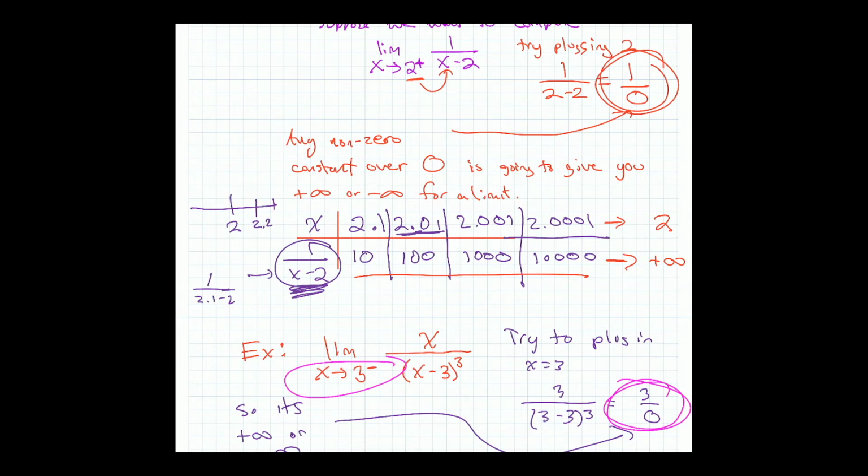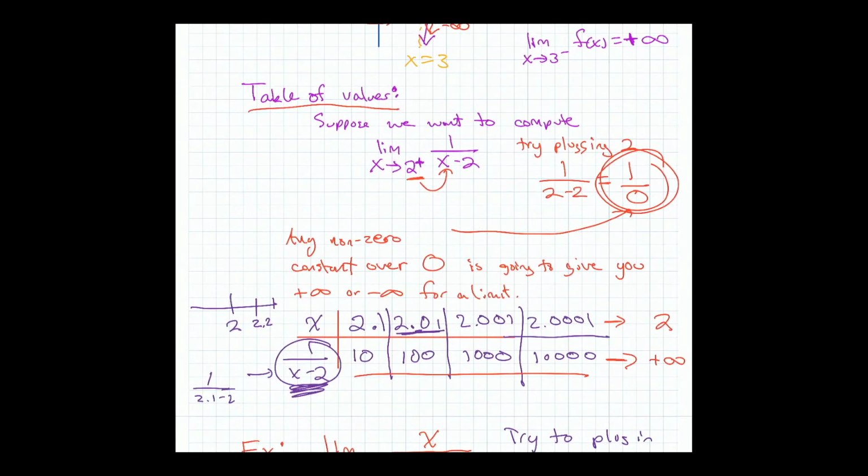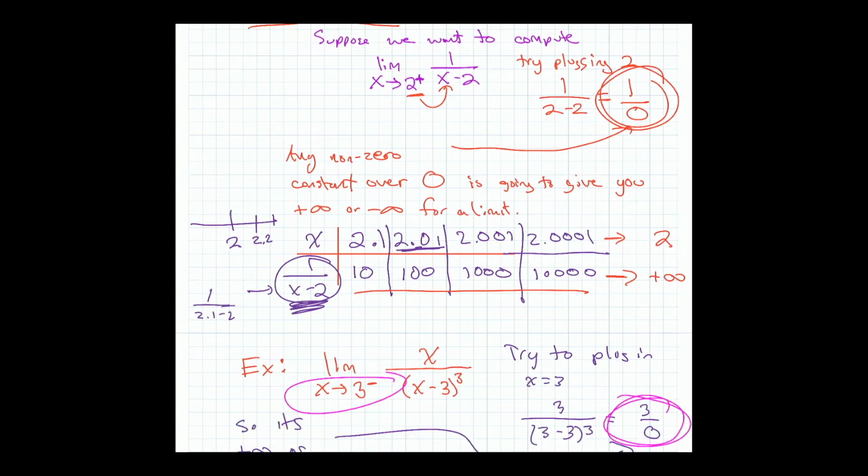If I knew just from this that it was going to be plus or minus infinity, I could skip the table and only plug in 2.001, and I got 1,000.